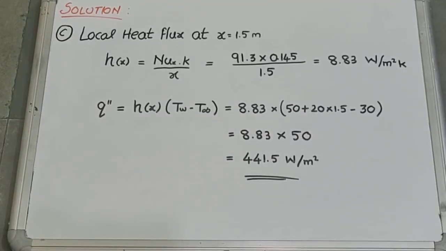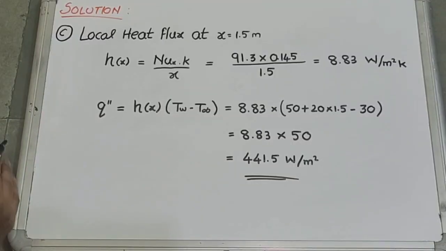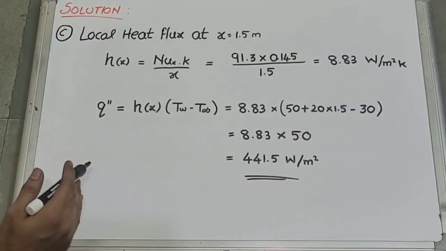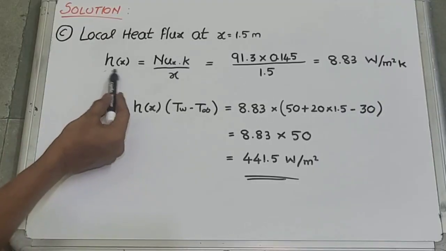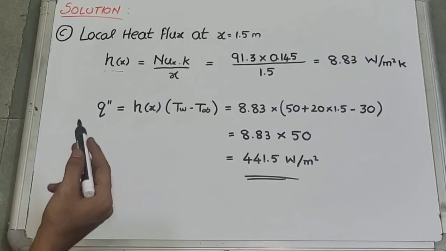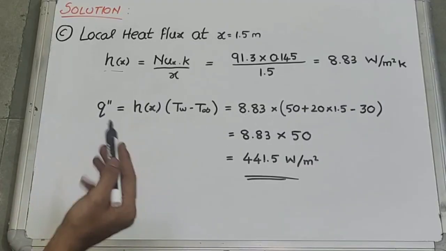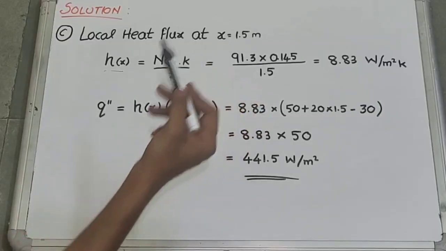Now after looking at part A and part B, let's solve part C. In part C, we need to find the local heat flux at x = 1.5 meter. For finding heat flux, we first need to find the heat transfer coefficient, denoted by h(x), which is given by Nusselt number times thermal conductivity divided by the distance, which is 1.5 meter.